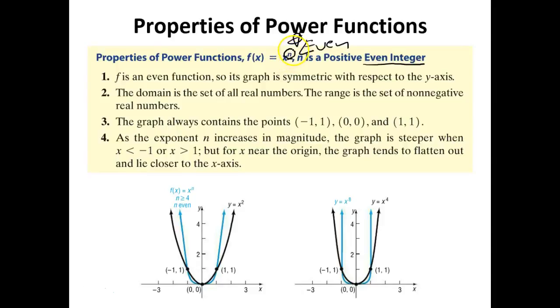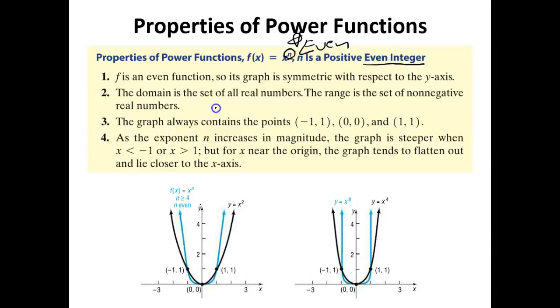It might be 2, 4, 6, 8, 10, 12, something that's even. F is an even function. So if you see this here is even, it means it's an even function. When it's an even function, its graph is going to be symmetric about the y-axis. So because we know it's even, we know we can flip it over the y-axis.